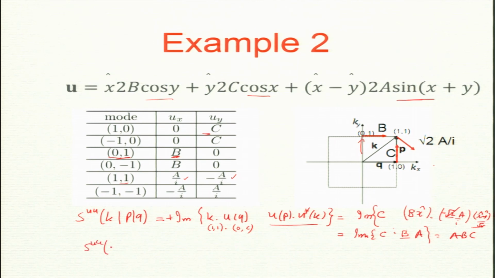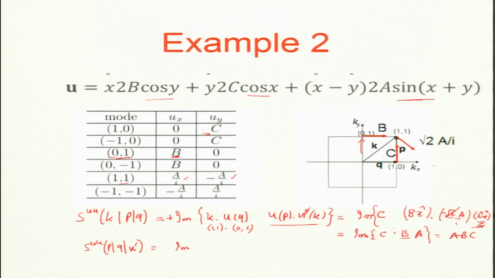So, let us do one more thing: P to Q, Q to P with K prime. So, K prime is minus, okay, mediator.